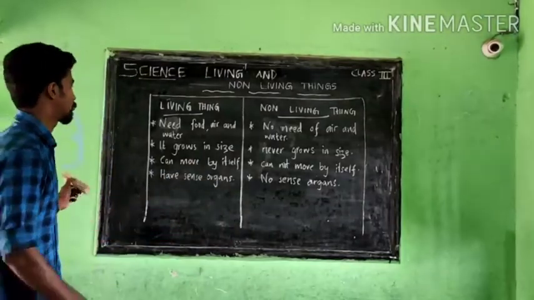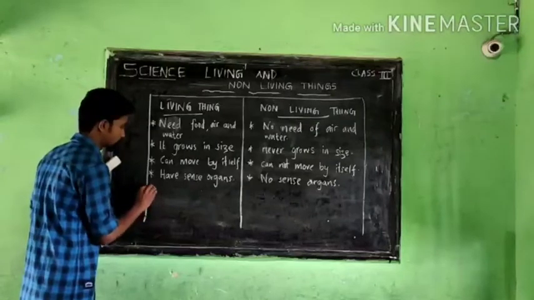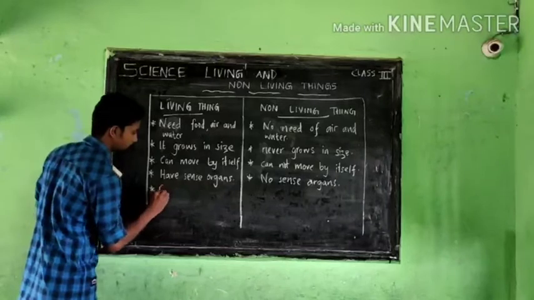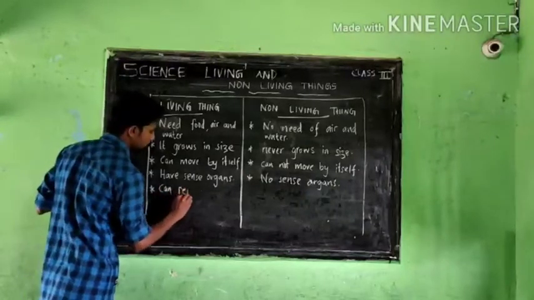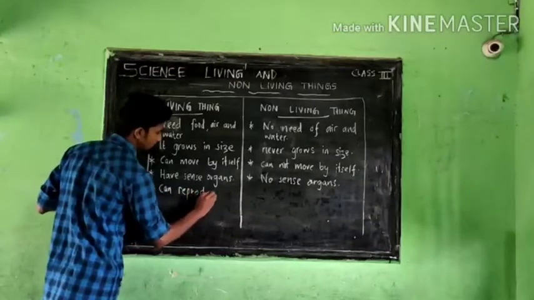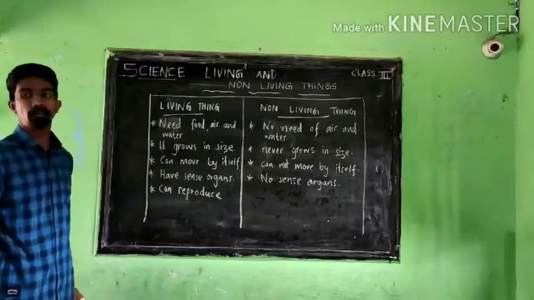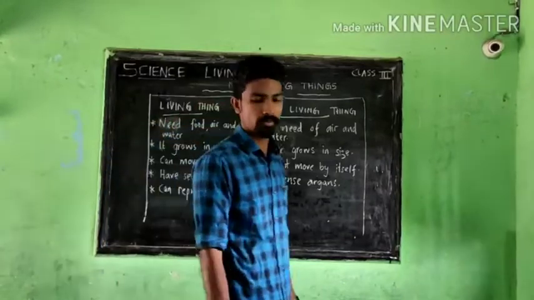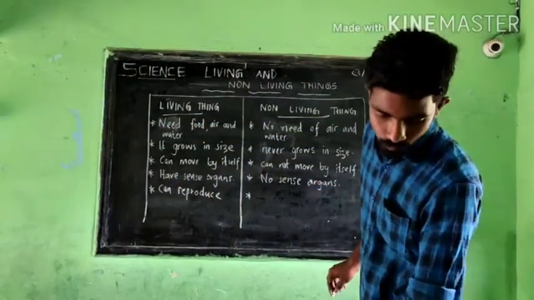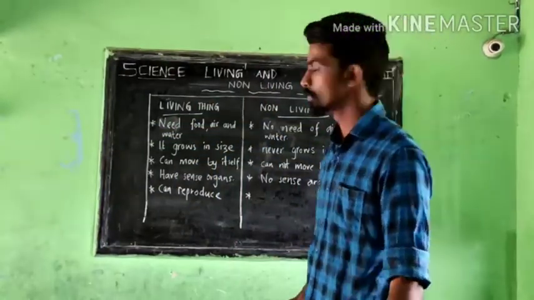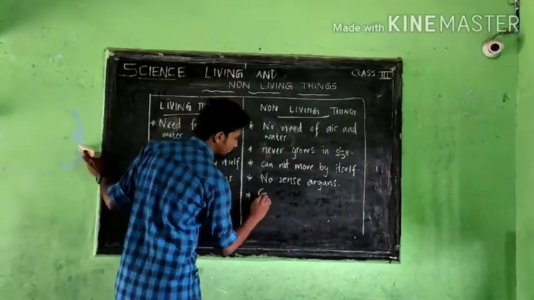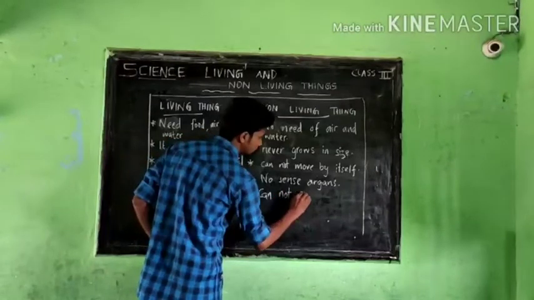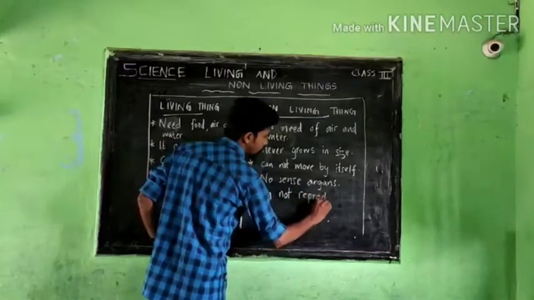The next one, a living thing can reproduce. What comes there? Cannot reproduce.